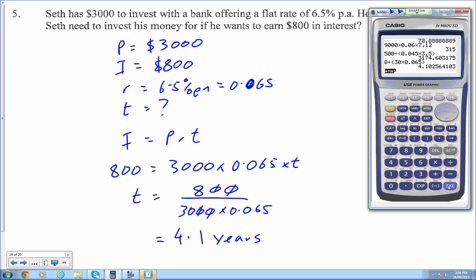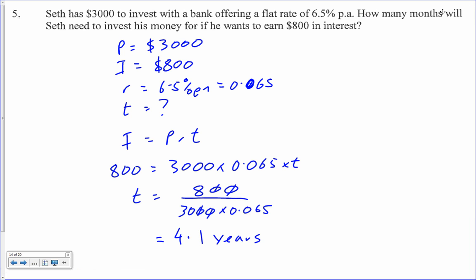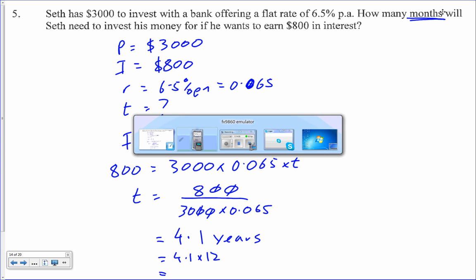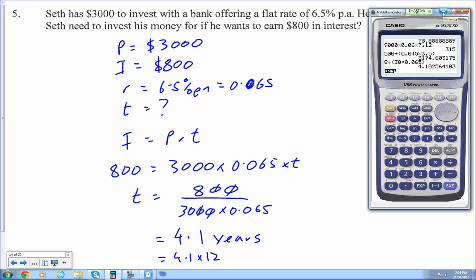years. Now the question states up here, how many months does he need? So what we need to do here is, that's years, so we're going to have 4.1 times by 12 to give us how many months we need. So again, grab our calculator back out. So we're going to use that answer, times it by 12 months in a year.